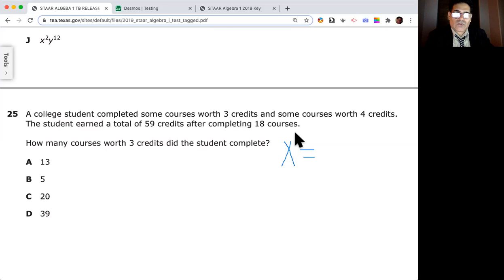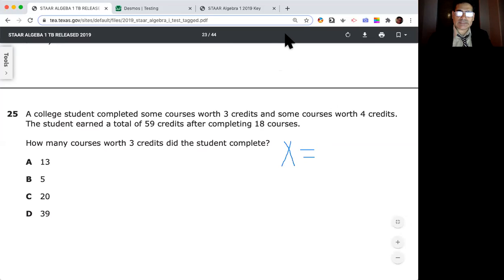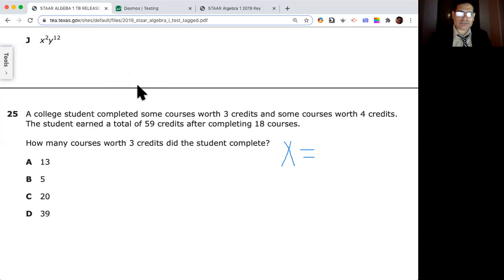And so let's start. So as I said before, x equals 3. And then y equals your 4 credit courses, right? So I made some notes here.